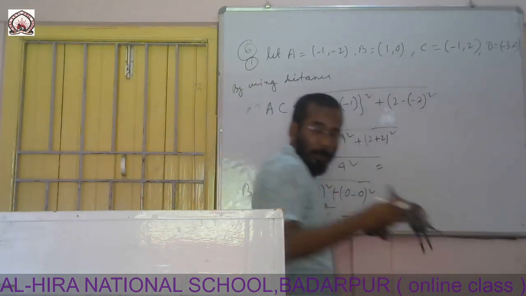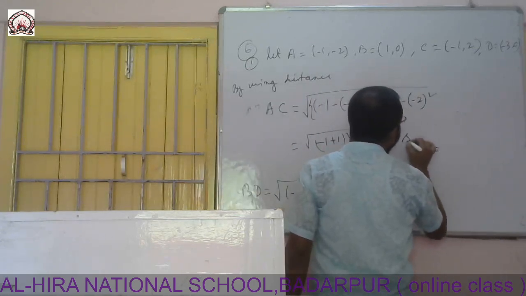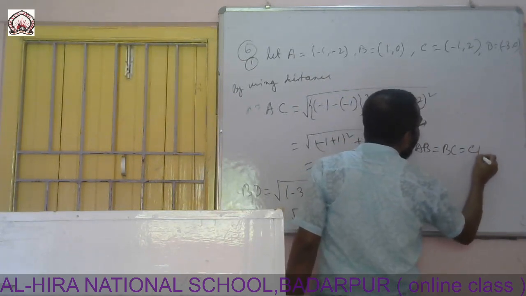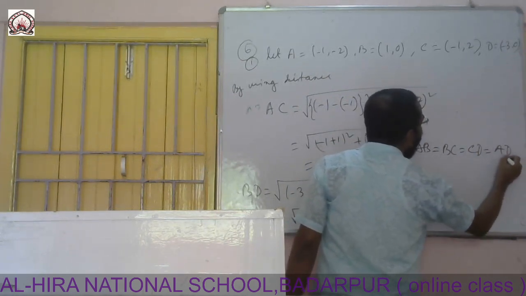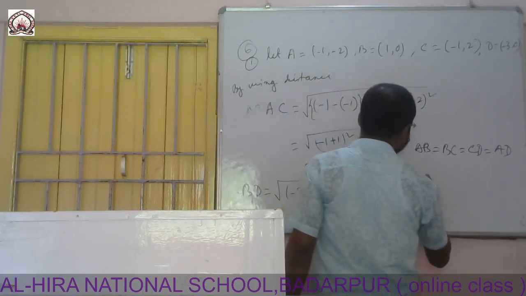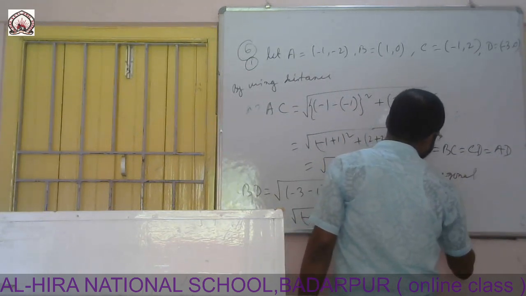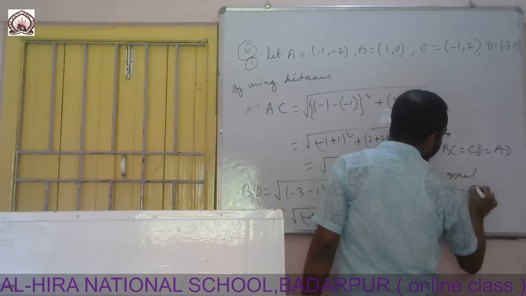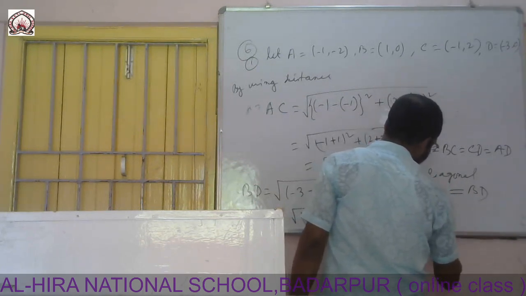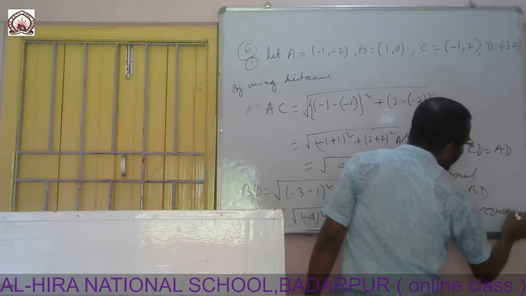Here we are getting AB equal to BC equal to CD equal to AD, and the diagonal AC is also equal to BD. So ABCD is a square.